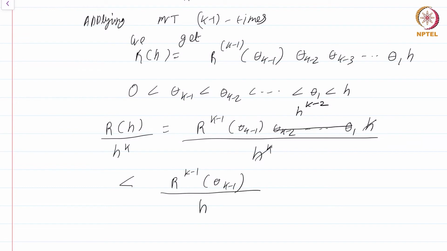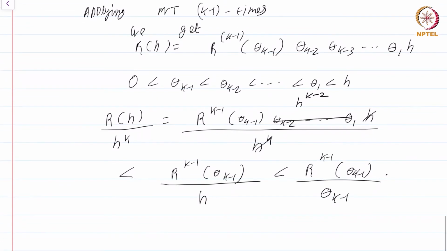Okay. Now what I'm going to do is I'm going to be clever. The denominator I'm going to replace by a smaller quantity and write this is less than r^(k-1) of theta k minus 1 divided by theta k minus 1. Right? Which I can do. Now as h goes to 0, well, theta k minus 1 also goes to 0.